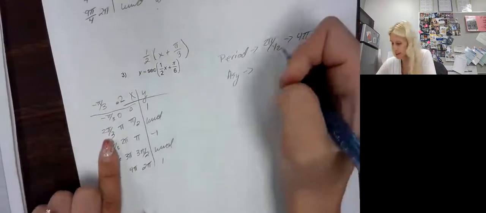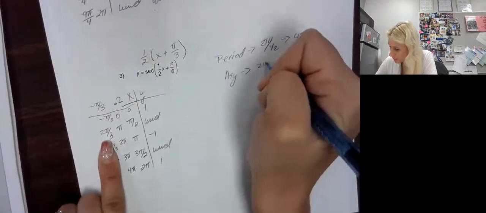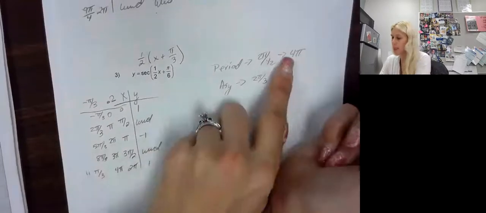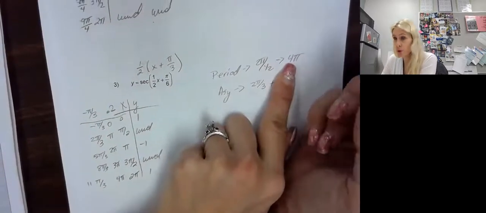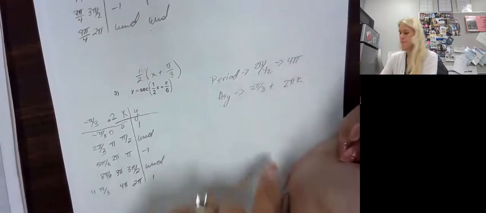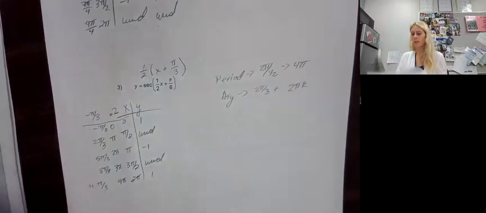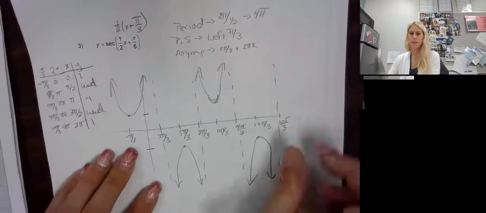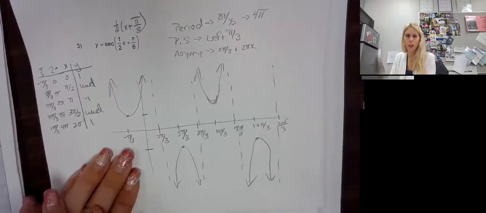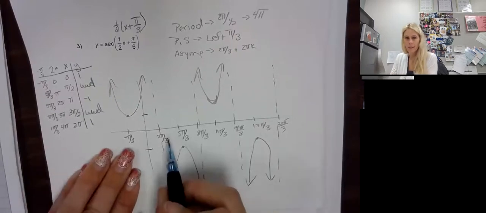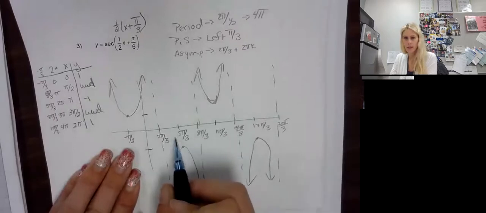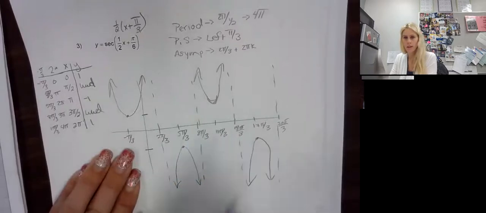It looks like it's at 2 pi over 3 plus, okay, our period divided by 2. So 4 pi divided by 2 is 2 pi. Let's see what that looks like. Awesome. So again, that pattern there, my 3's are in the denominator, and it looks like I'm adding 3 to the numerators.